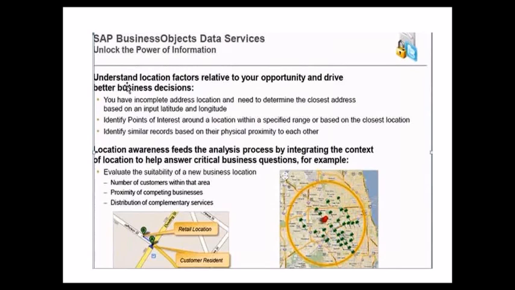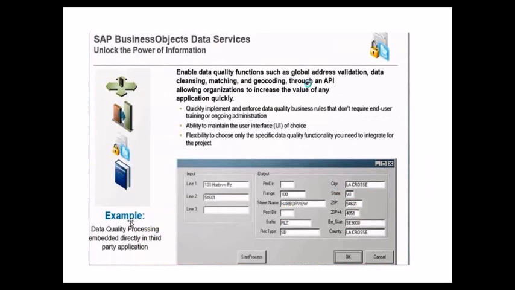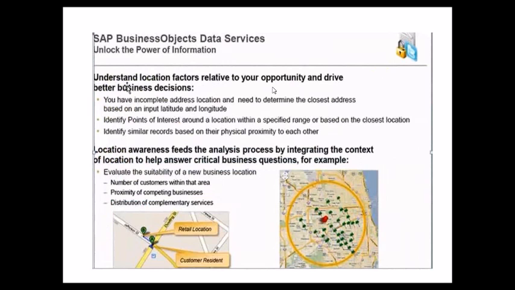Next, coming to this location, I had said that we will be talking about it in the next slide. So here in SAP BODS, it has a new feature wherein it can identify a particular person or a particular place with its exact location up to the nearest extent. So understanding the location factor relative to your opportunity, and driving better business decisions.